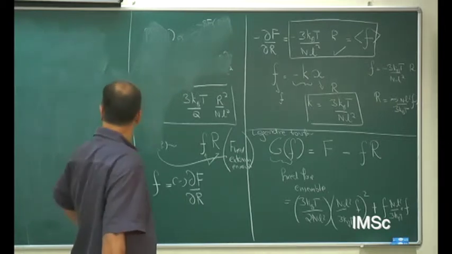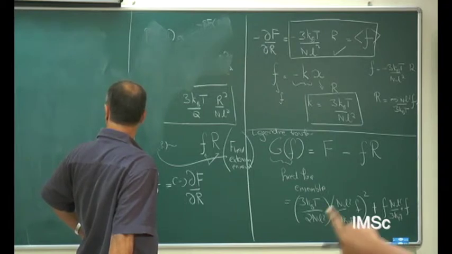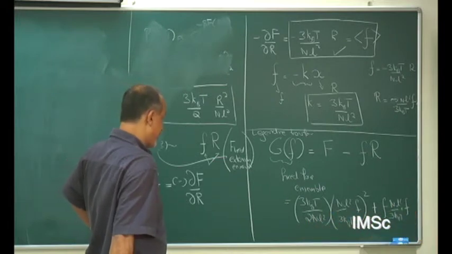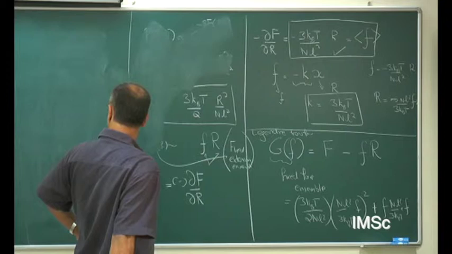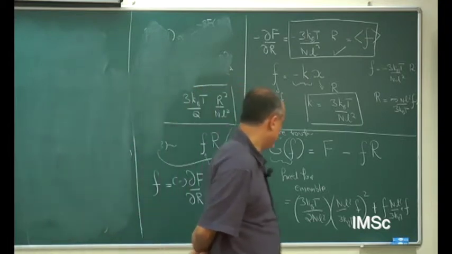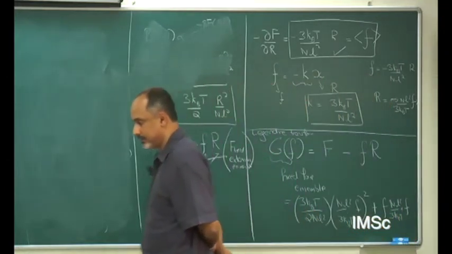Where? Dou G by dou F will be equal to minus R, provided we have a minus here. If this is a plus, we will get a plus there. Yeah, but there should be a minus there. So I'm not sure where I have.